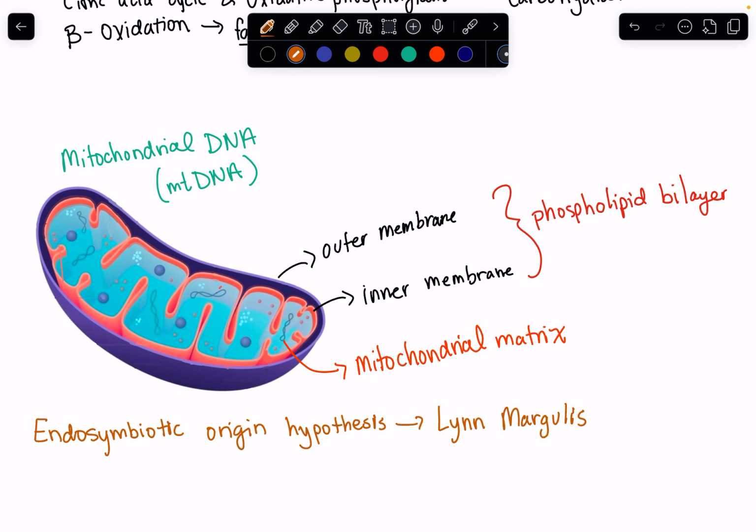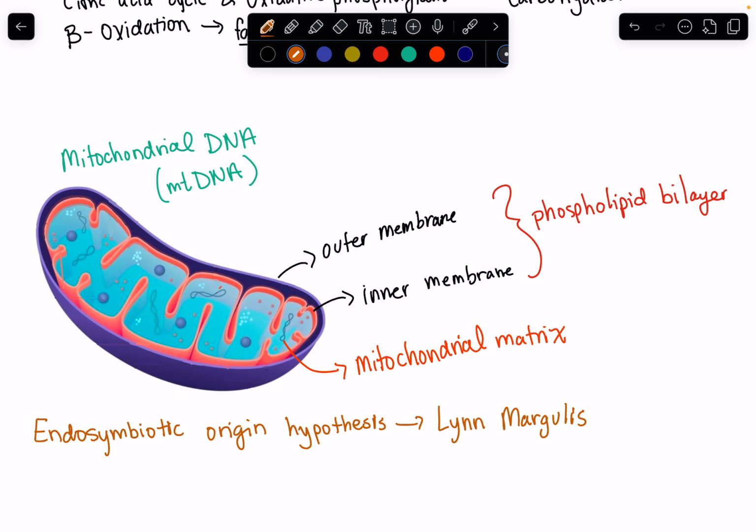According to this hypothesis, the mitochondria itself was basically thought of to be its own independent organism before it was actually engulfed by another cell. And once it was engulfed, they had a symbiotic relationship. The mitochondria helped out the cell that engulfed it, and the cell itself helped out the mitochondria.